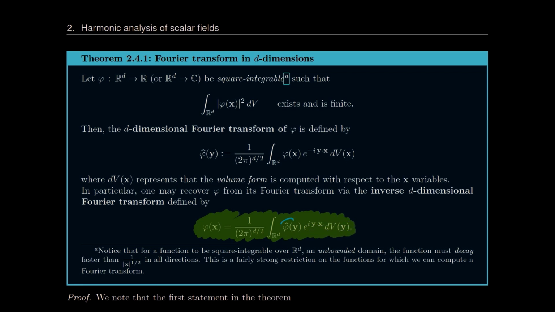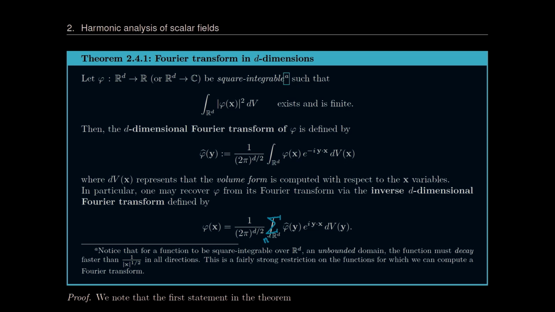So what you can see here is I still have phi hat, but I'm giving myself the variable y as a vector in Rd instead of n as a vector in Zd. And I know a lot of you maybe didn't like working with Zd anyway, so it's probably easier for you to work in Rd. So now we have a variable y in Rd. That's what goes into phi hat, and then my reconstruction, instead of having a sum here, right?